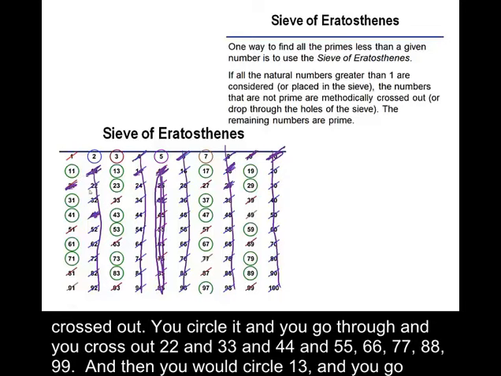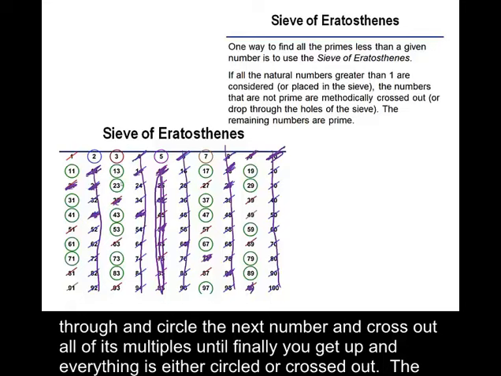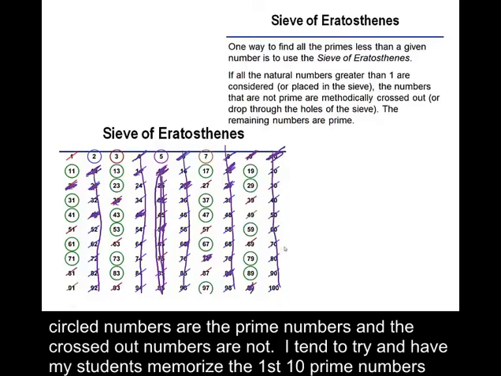You circle it, and you cross out 22 and 33 and 44 and 55, 66, 77, 88, 99. And then you would circle 13. You go through and circle the next number and then cross out all its multiples until finally everything's either circled or crossed out. The circled numbers are the prime numbers, and the crossed out numbers are not.